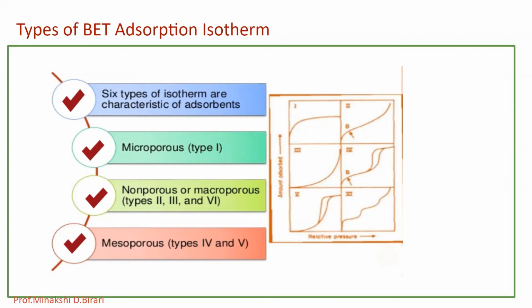Type 5th isotherm from microporous or mesoporous solids. For example of type 5th adsorption isotherm, that is adsorption of water vapor on graphitized carbon black. So we have studied in detail the various types of adsorption isotherms given by Brunauer and the shapes of the curves and characteristics of these isotherms.